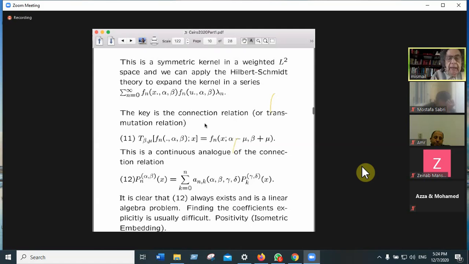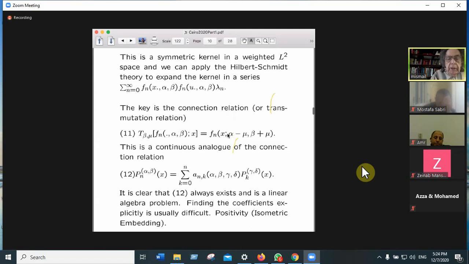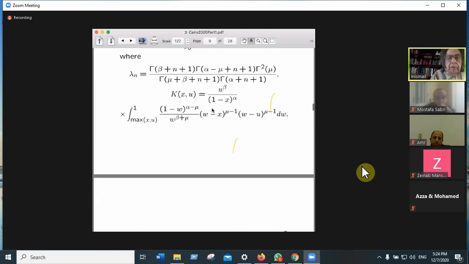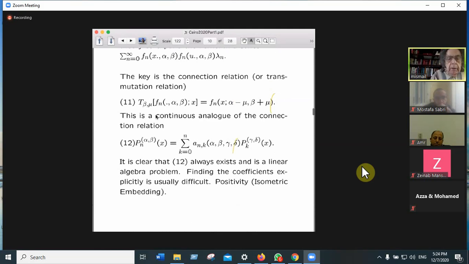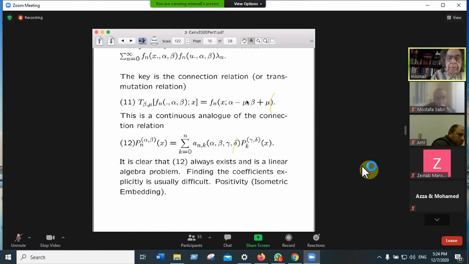So let's go back and take another look at what this formula does. Okay, so what is this formula here? Well, you integrate some sort of complicated kernel against this, and you reproduce this function. But let's go back here. Okay, so if I apply this operator to Fn, I get another Jacobi polynomial.